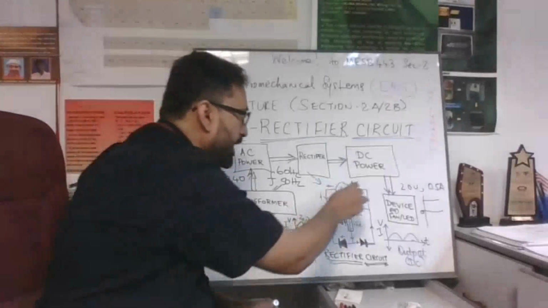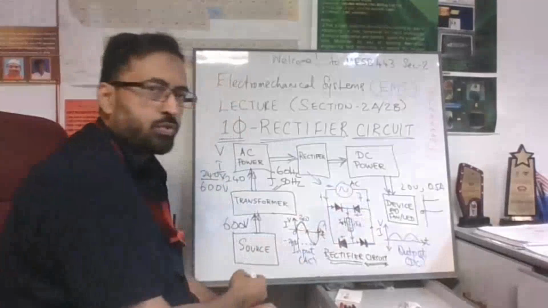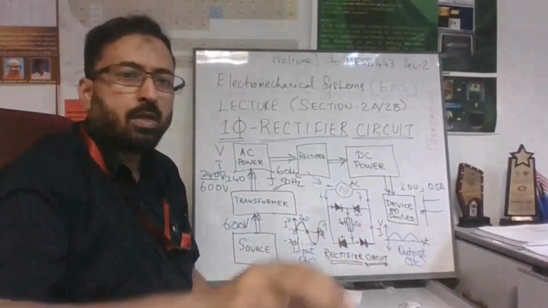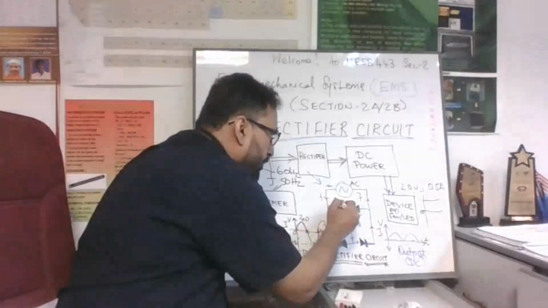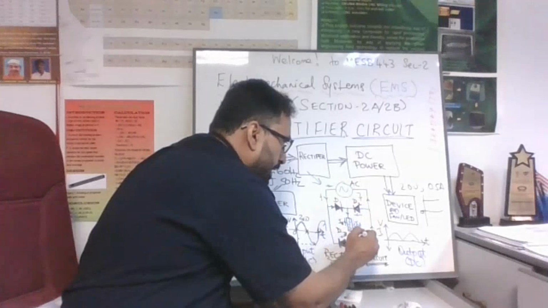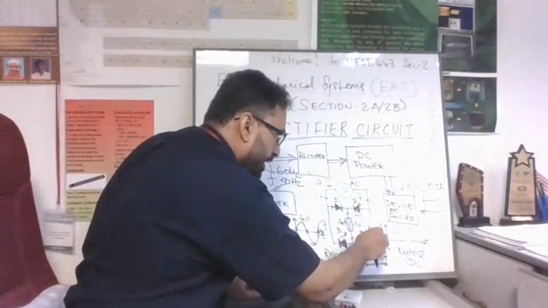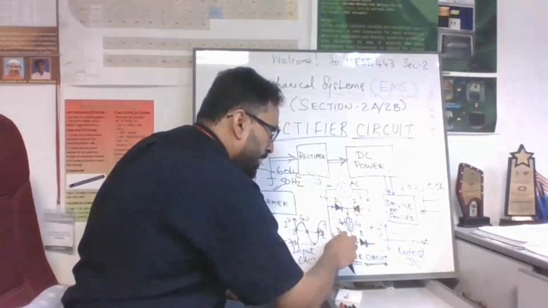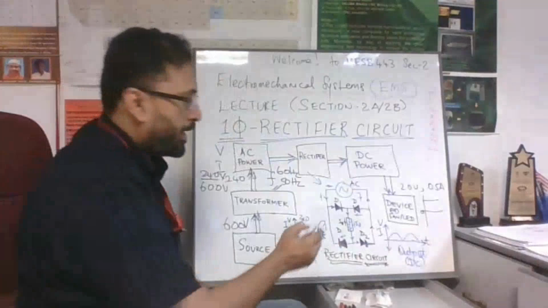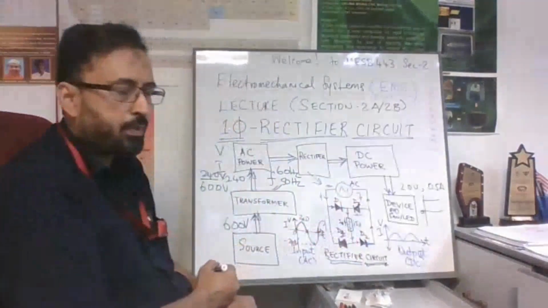Okay, now let's go to this rectifier circuit. Let's see the arrangement of the diodes. We have 4 diodes. Let's say we have D1, D2, D3, and D4. Or just for a better understanding, let us rearrange as D1, D2, and for the negative cycle, we have D3 and D4.